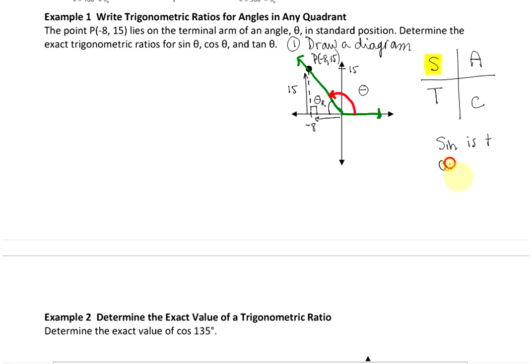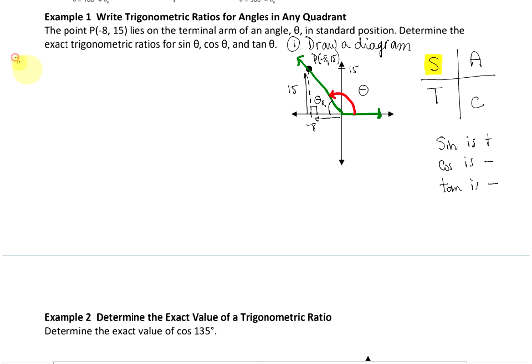Okay, the other two will be negative. So when you work out your trig ratios for the angle in standard position that has a point (-8, 15) on the terminal arm, be sure that sine is positive, cos is negative, and tan is negative.